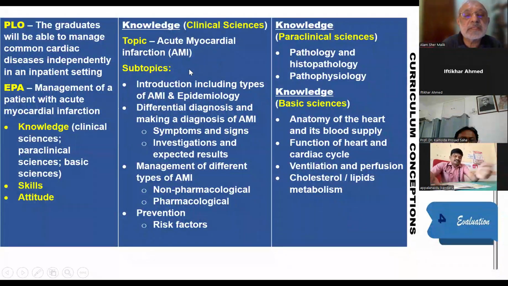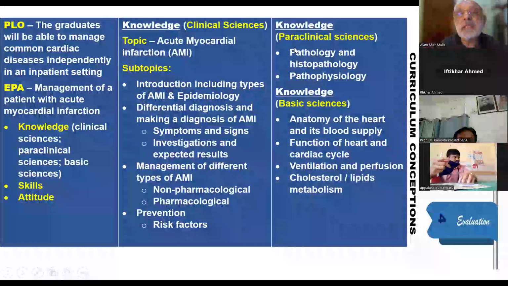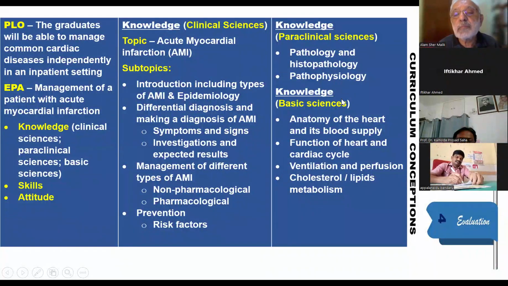In clinical sciences, the further subtopics like introduction, including types of acute myocardial infarction, differential diagnosis, making a diagnosis of AMI, management, etc., and prevention. Then in the paraclinical, pathology, histopathology and pathophysiology; basic sciences, anatomy of the heart and its blood vessels, functions of the heart and the cardiac cycle, ventilation and perfusion, cholesterol, lipids, metabolism, etc.